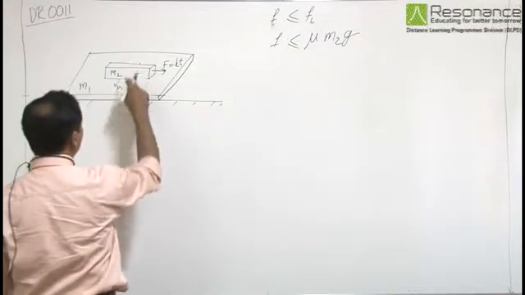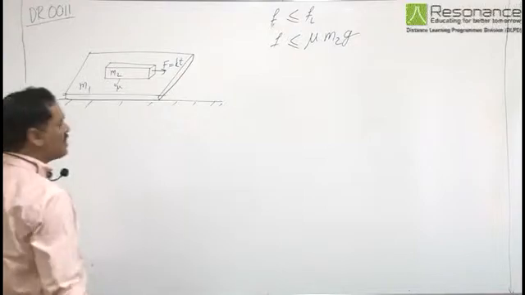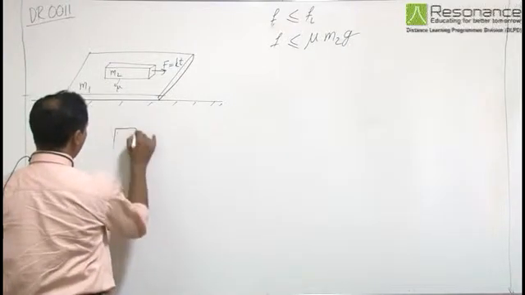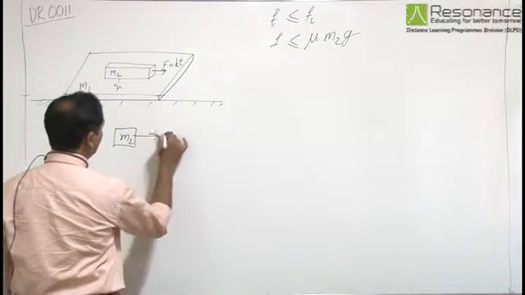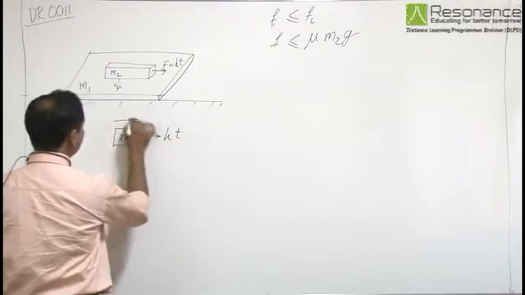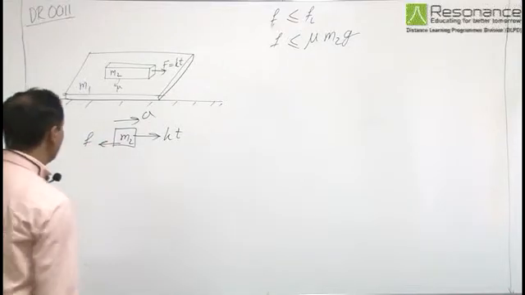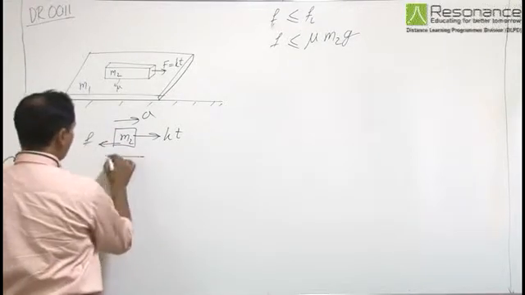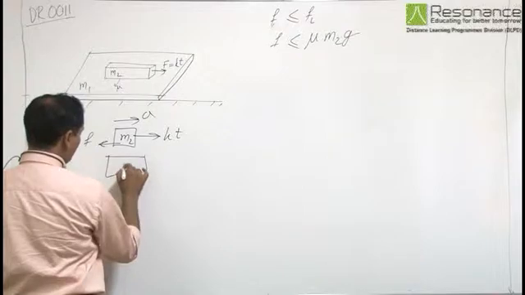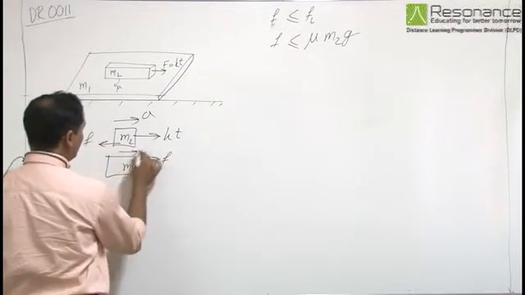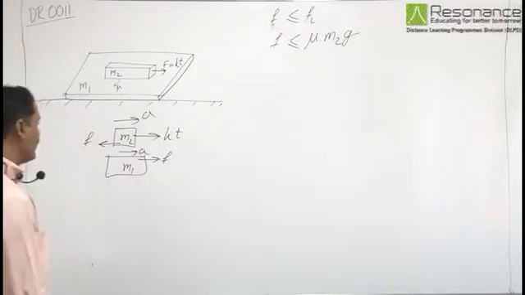As they move together, let their acceleration be a. In this situation, for m2 we have a force kt, acceleration a, and frictional force acting backward, and for block m1, friction is acting forward and its acceleration is also a.